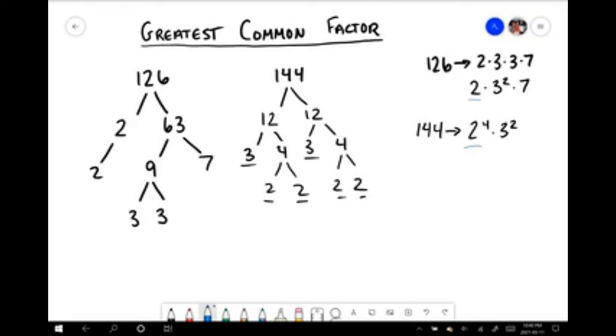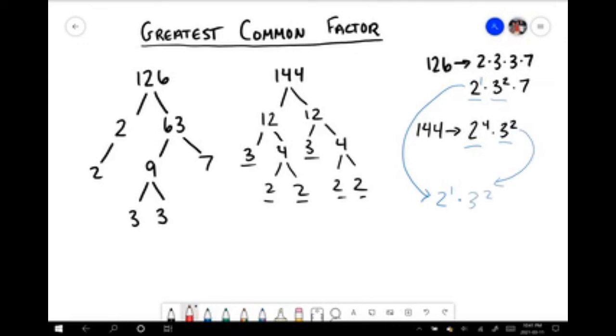Now we have to remember that there's a 1 implied, and so 2 to the 1 is smaller than 2 to the 4. So we're going to bring that 2 all the way down here. So this is going to be 2 to the 1. Now we're going to look for our next common thing we have between these two numbers, which is 3 squared. Now that's already the smallest thing, so we're going to go ahead and bring down that 3 squared.